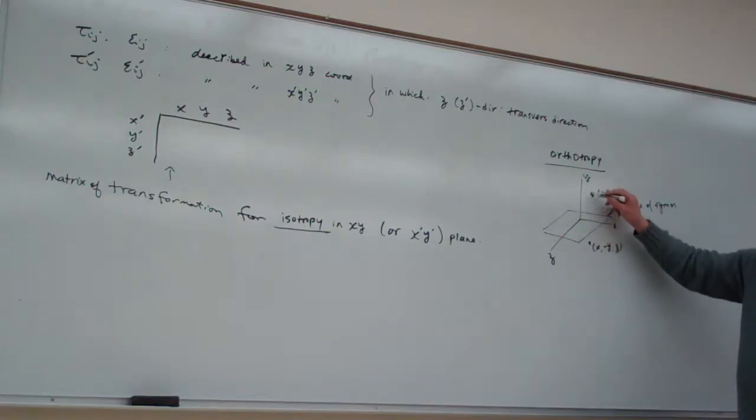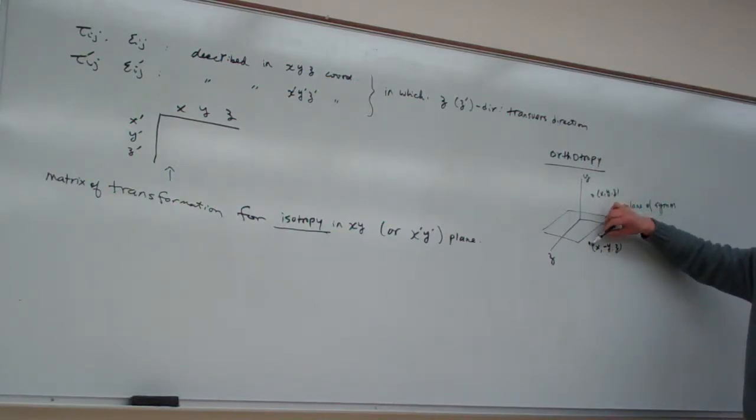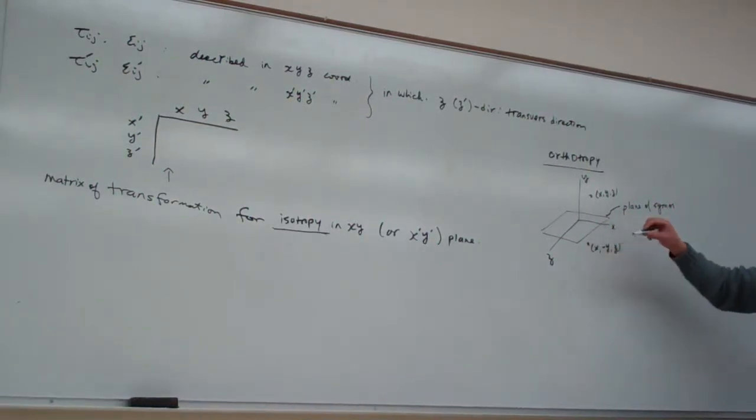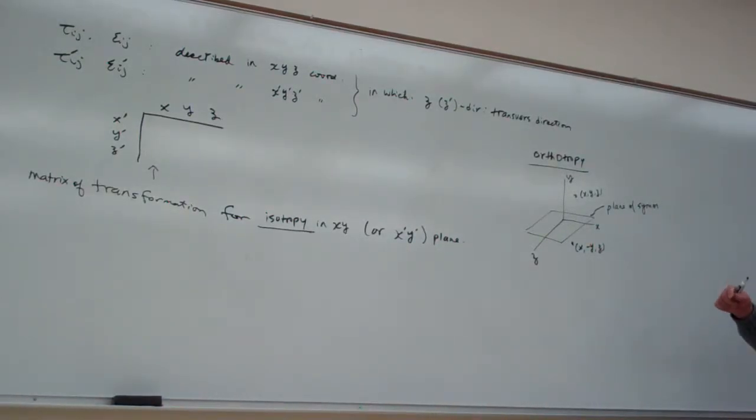The 2 points are mirror symmetric with respect to this plane. And we call the material isotropic at these points. They have the same material constants at the 2 points. Okay, isotropic, that means the material properties are symmetric with respect to a plane.